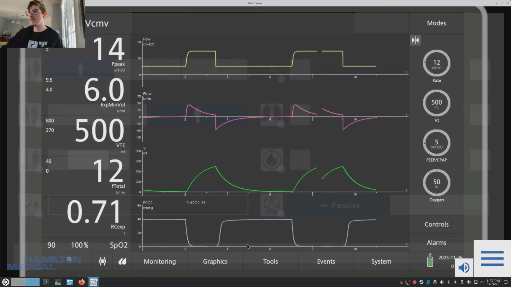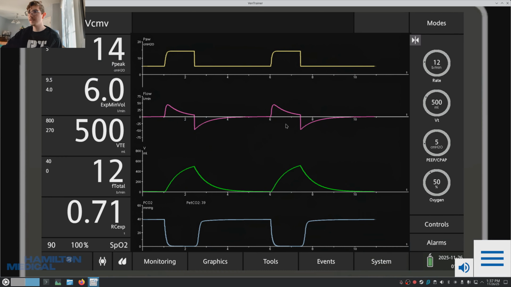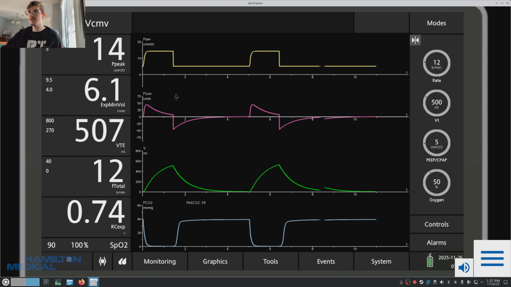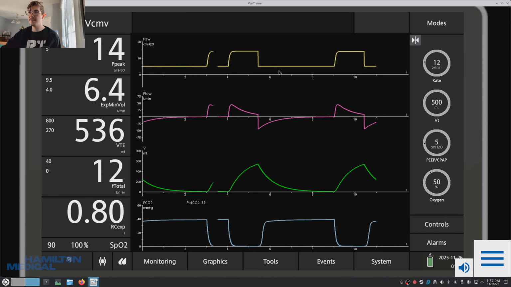So let's see what happens if we try to simulate that by increasing compliance. Now patient's compliance increases. They're trying to take in basically bigger breaths.